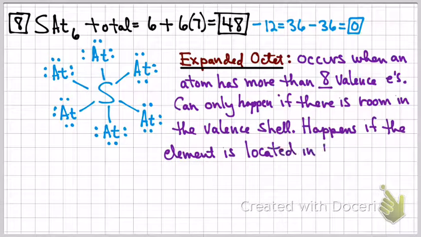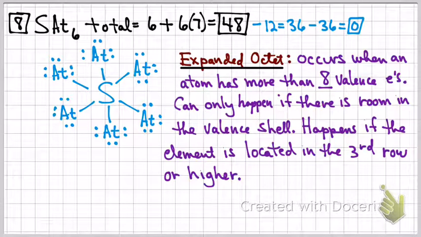You'd have to have an element in a period that is the third or higher, the third row or the third period or higher. Those would correspond to larger valence shells. So if an element is in the third row on your periodic table or higher, that means into the 4th, 5th, or 6th row, they can have an expanded octet.